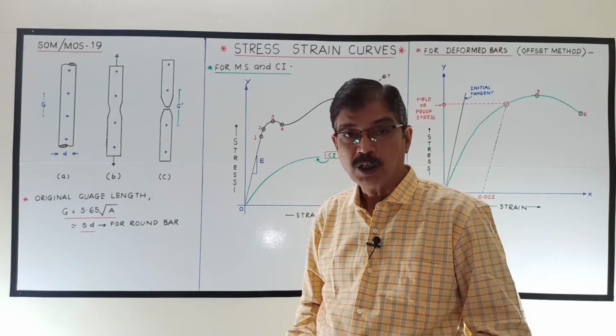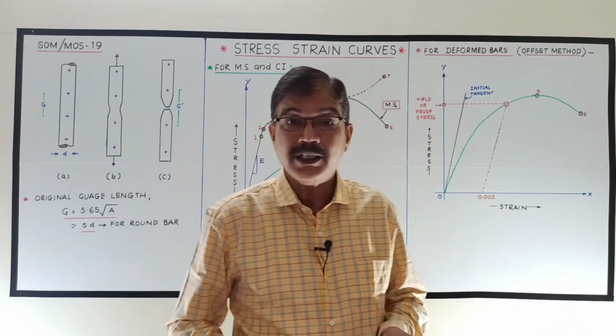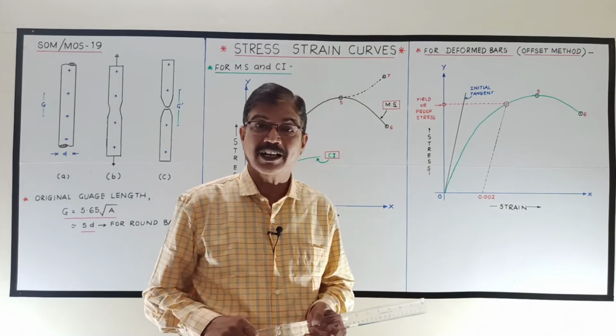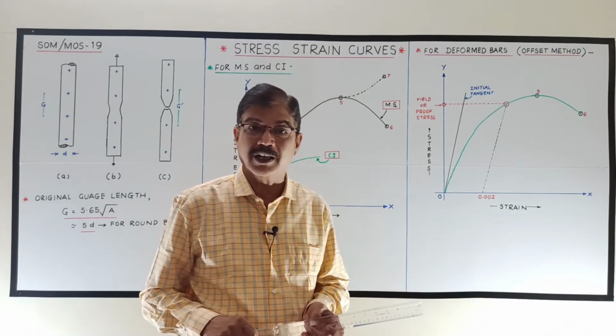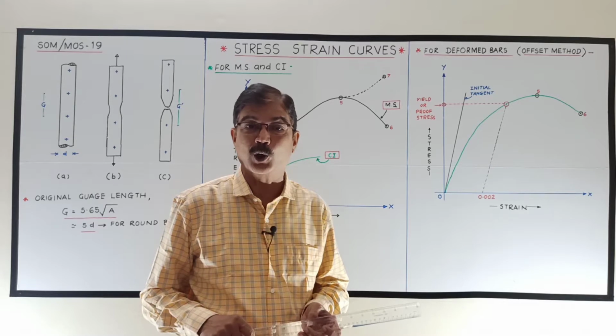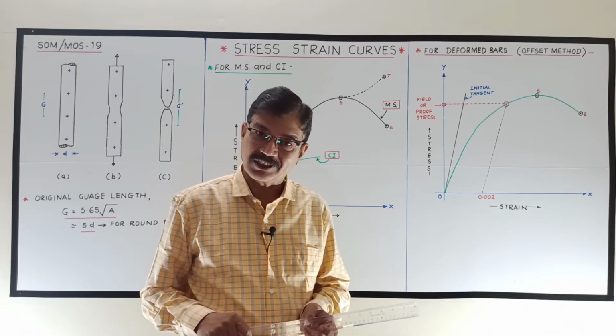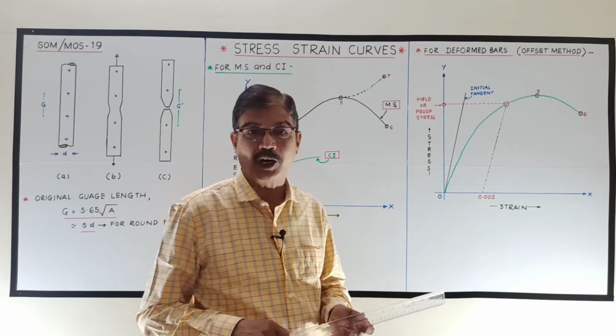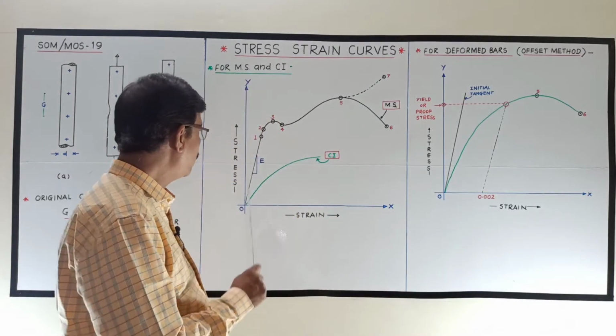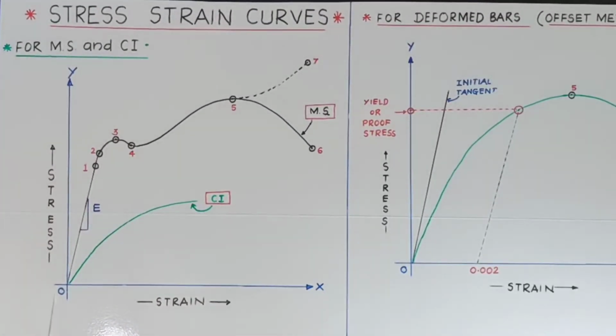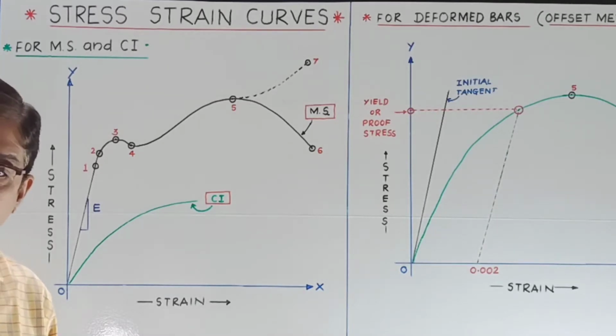Whatever will be the deformation at different loads, the deformation at different loads will produce different strains and corresponding stresses. If we plot it and by joining all the points, the diagram which we get is known as stress strain curve or stress strain diagram.